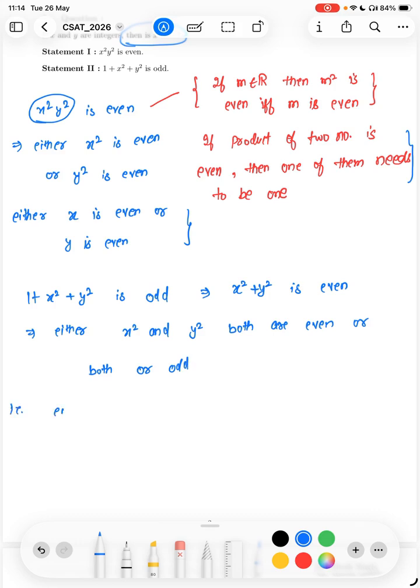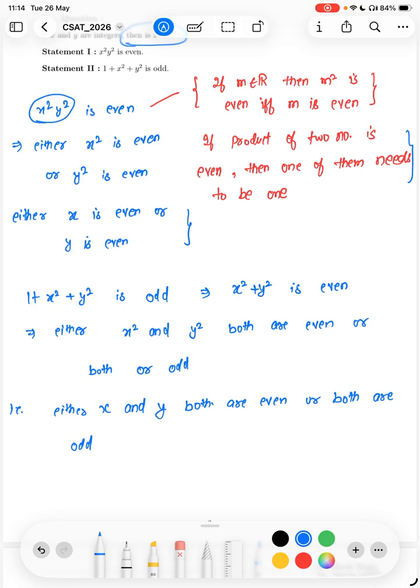That is, either x and y both are even or both are odd, right? So again, statement 2 alone cannot justify whether x is even or not, right?